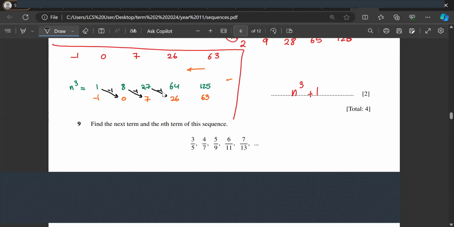Here, subtracting 1. Here, subtracting 1. That means it is n cubed minus 1. But it is not subtracting from the term under it. It is like I hold the green one of n cubed and send it back 1 step. So I will do -1 like this. And this will be the answer. Okay. Any problem?